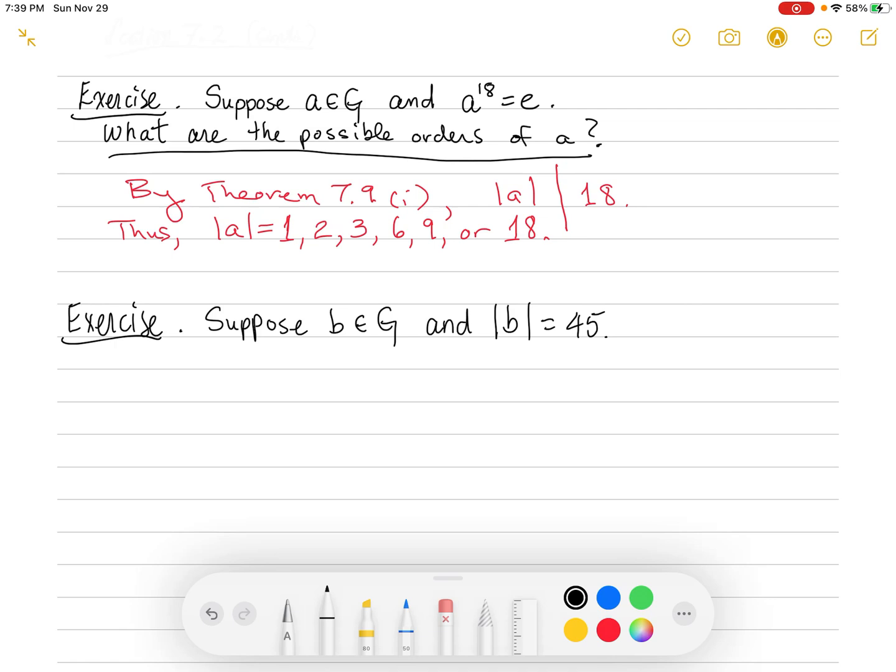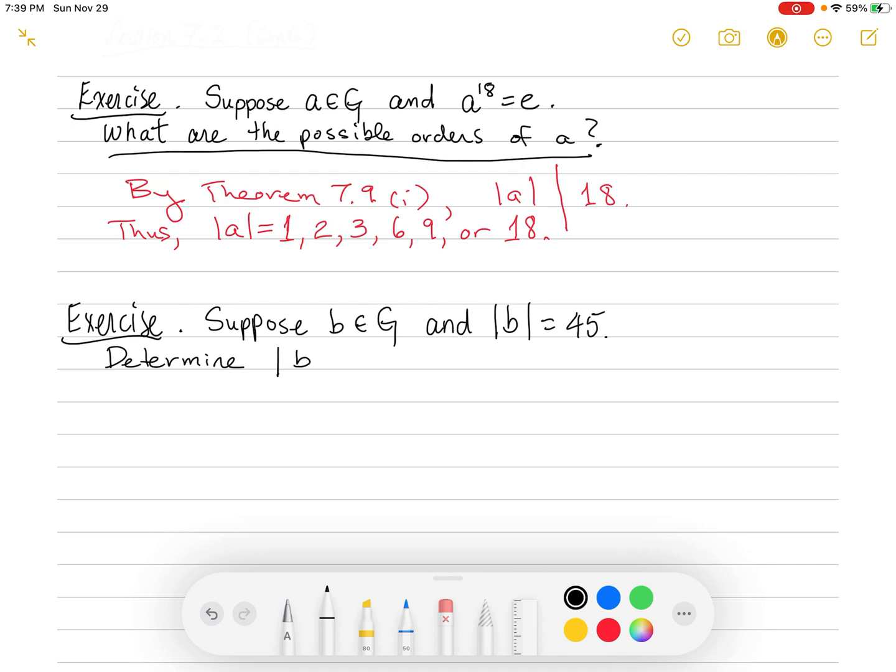So what does that mean? That means 45 is the smallest positive integer such that B to the 45th equals E. Right? B to the 45th equals E, and 45 is the smallest positive integer for which that works. So what we want to do is determine the orders of the following elements.